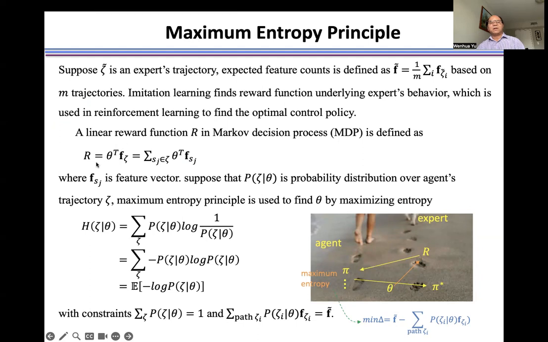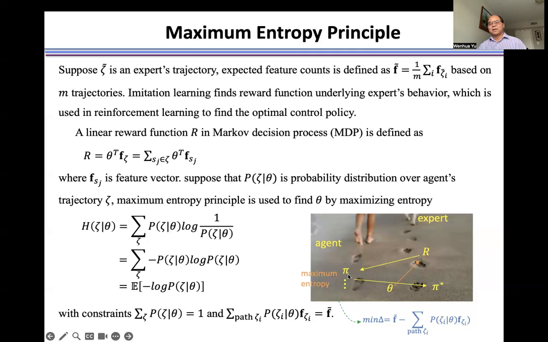So imitation learning finds the optimal policy in two steps. First, use inverse reinforcement learning from expert demonstrations to find the reward R. To do so, the agent finds a policy whose feature expectation is close to that of the optimal policy used by the expert.